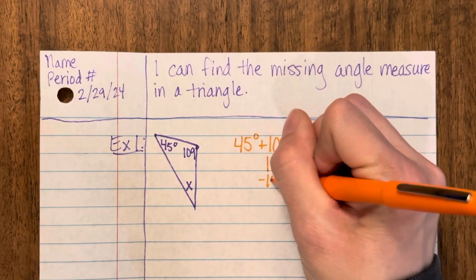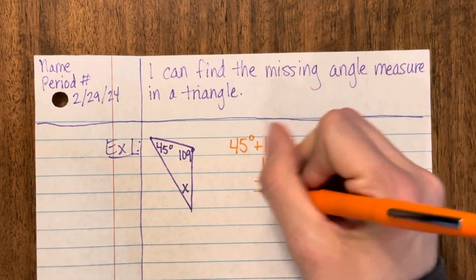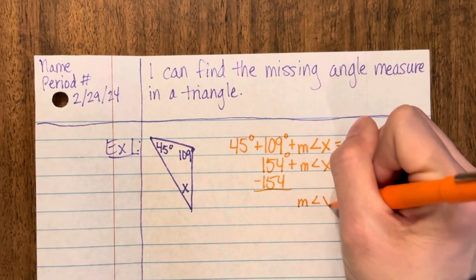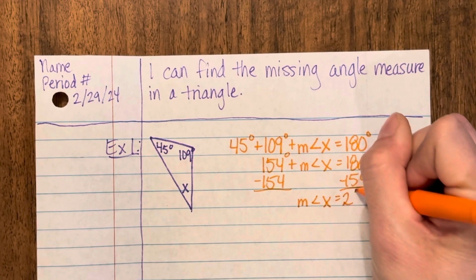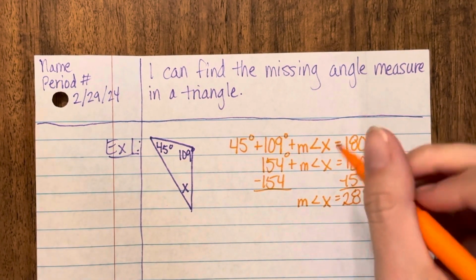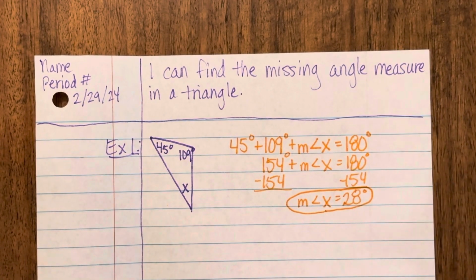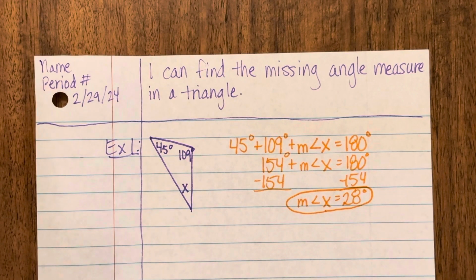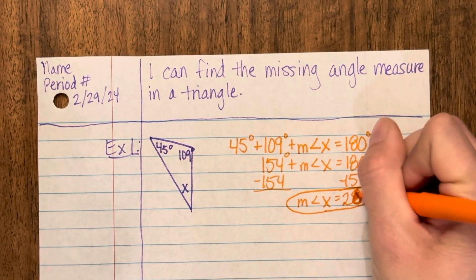We're going to subtract 154 from both sides. And we are going to get 28 degrees. So the measure of angle X is 28 degrees. Oh no, goodness, you guys. I'm gonna have all kinds of issues today. That should be 26.